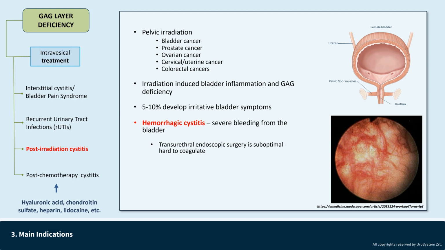And in case of severe bleeding from the bladder, which typically occurs if there is a localized bleeding tumor in the bladder, urologists might need to perform transurethral endoscopic surgery to stop the bleeding.